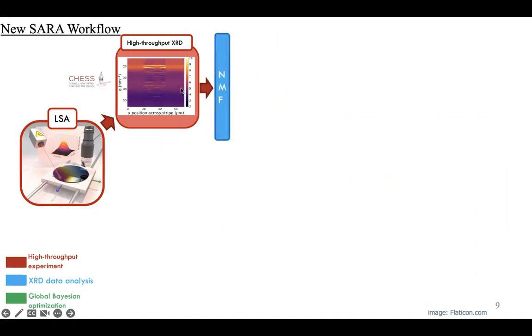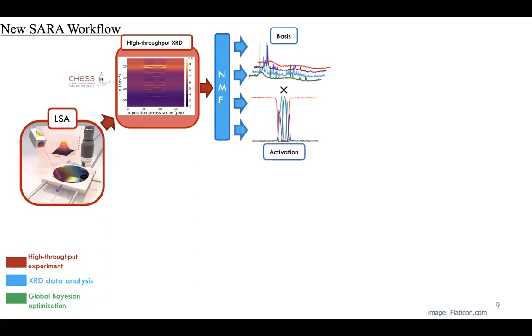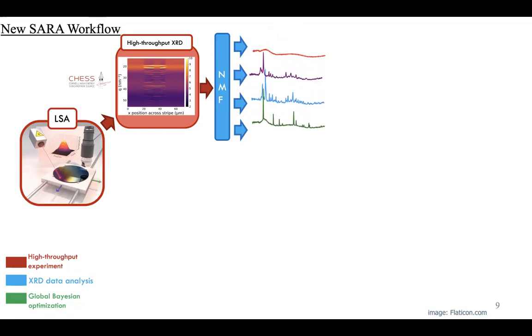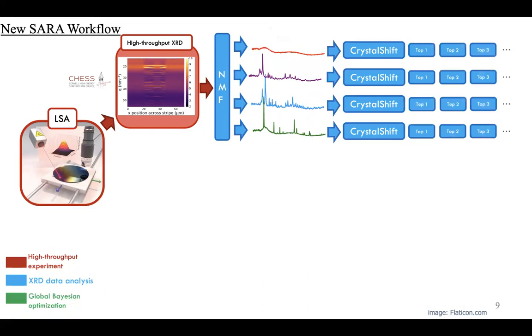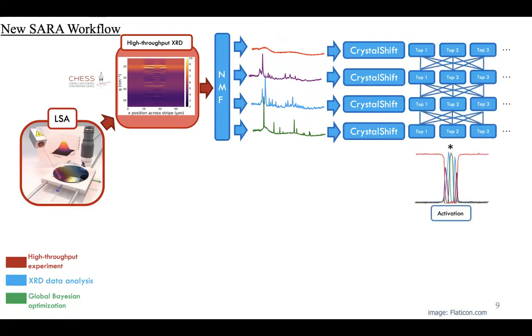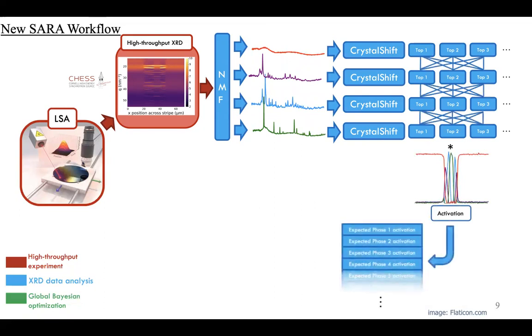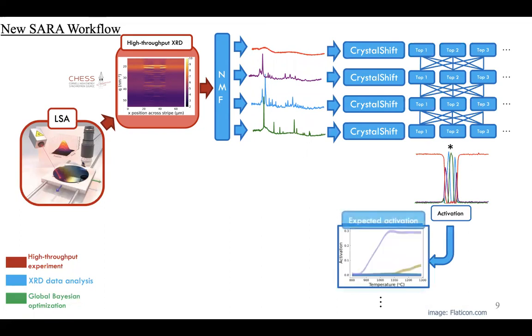Then, because that's too much data, we have to do some dimensionality reduction. We use non-negative matrix factorization to factor out the main bases and their corresponding activation along the x-axis. We pass the bases into CrystalShift, and it will return the top candidates. To combine them again, we do a combinatorial step and then merge with the activation to get an expected phase fraction, a phase activation for each phase, which should look like this.